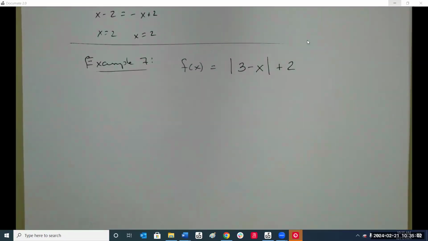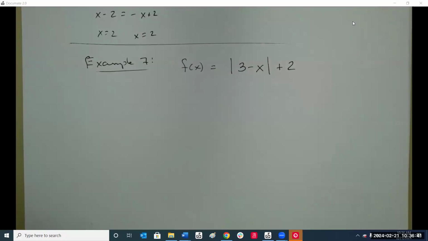How about this one? What do we notice about the absolute value symbol? Is it an odd or an even function? In other words, do we rotate it about the x-axis or the y-axis? It's rotated about the y-axis. It's the same value on both sides.